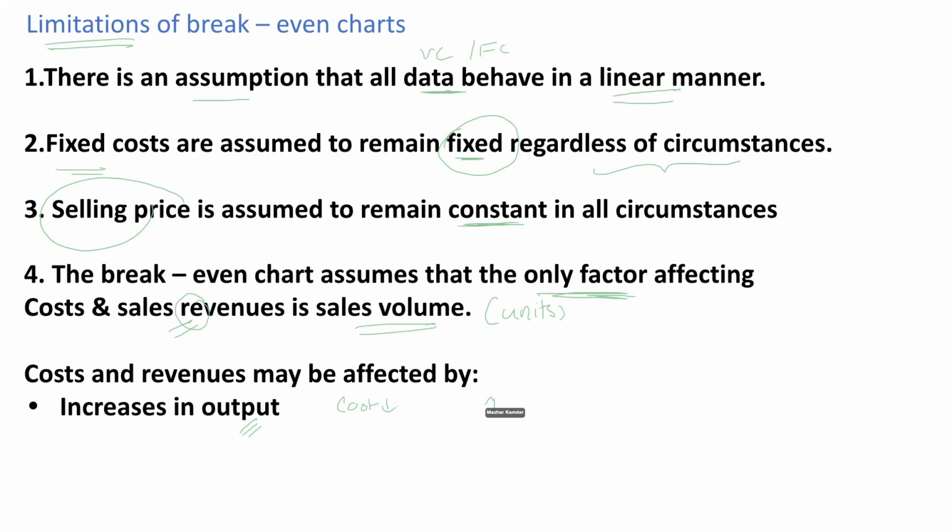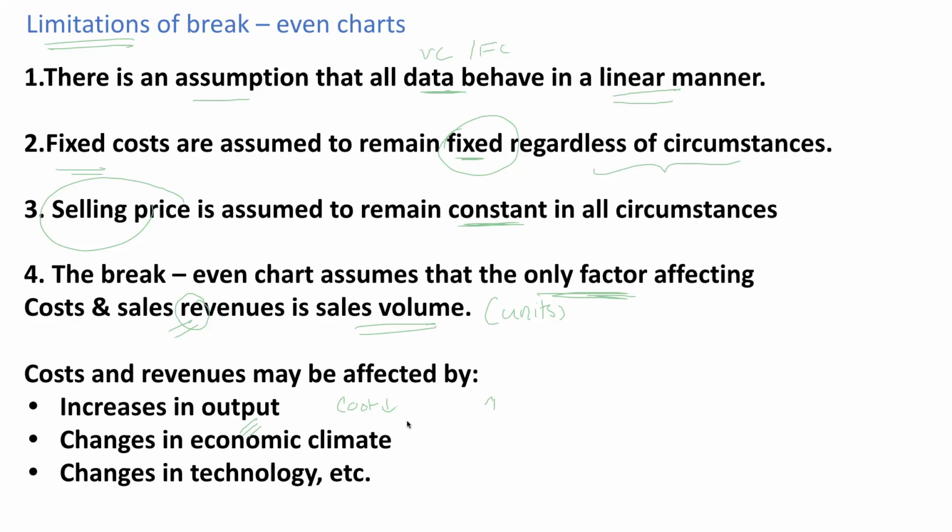Cost and revenue can be affected by many other factors like increase in output and changes in economic climate. Sometimes when the climate is not favorable, the cost of raw materials may increase. Changes in technology may reduce or increase the cost.